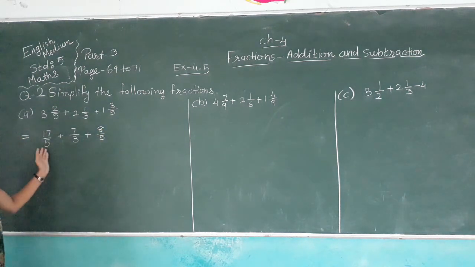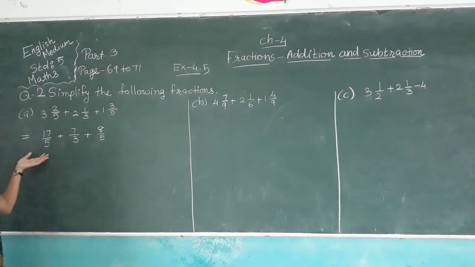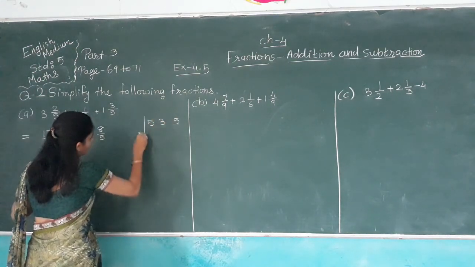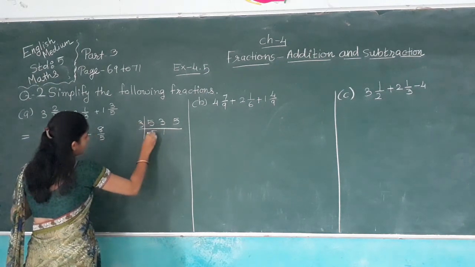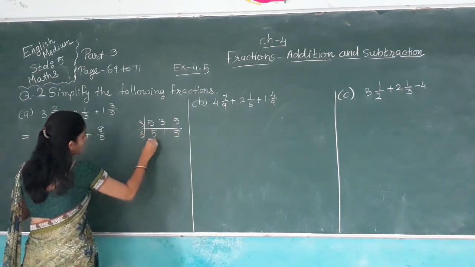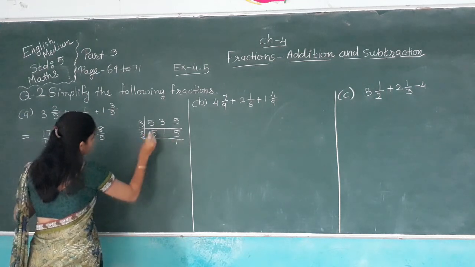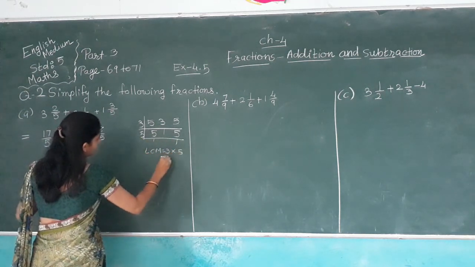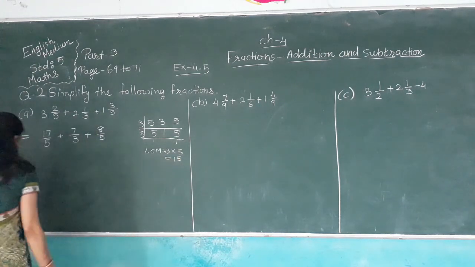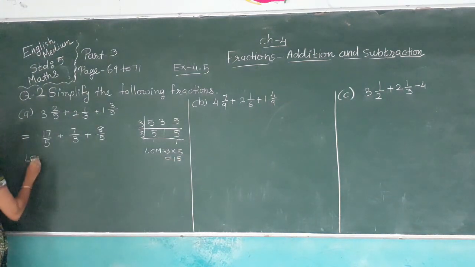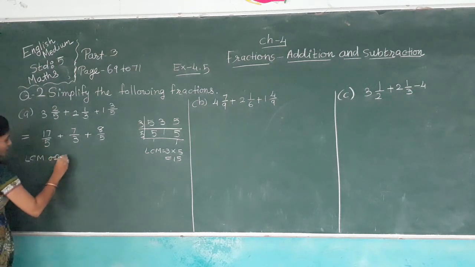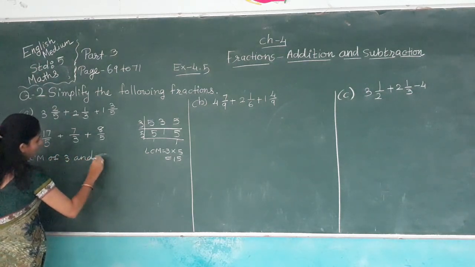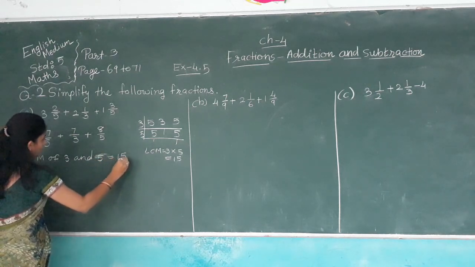First we see here both denominators are different. So first we find the LCM of both numbers. 3 ones are 3 and 5 ones are 5. So LCM is equal to 3 multiplied by 5, 15. LCM of 3 and 5 is equal to 15.